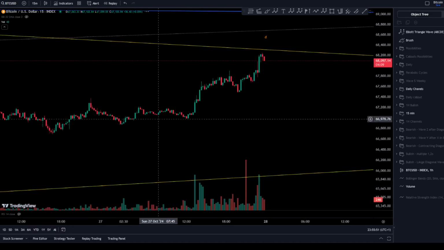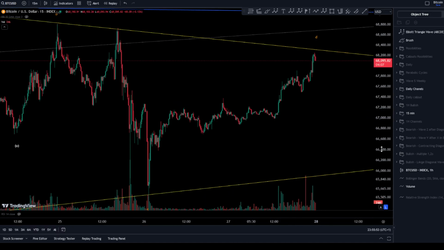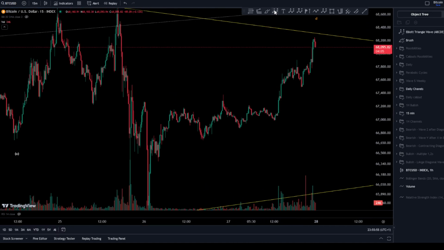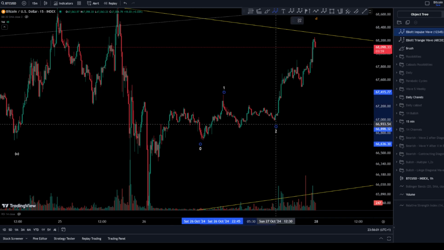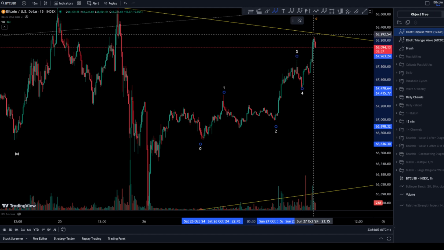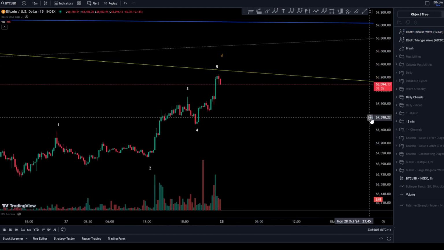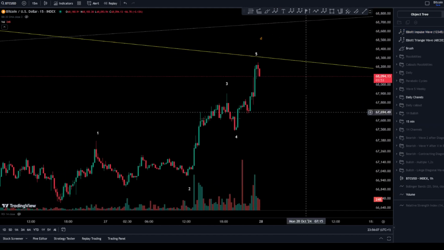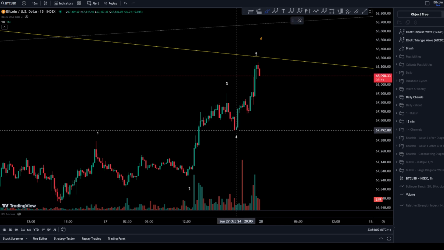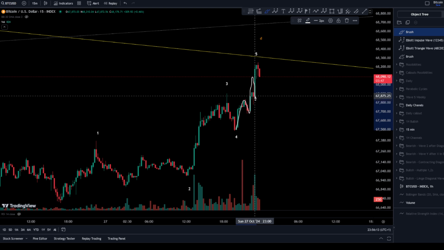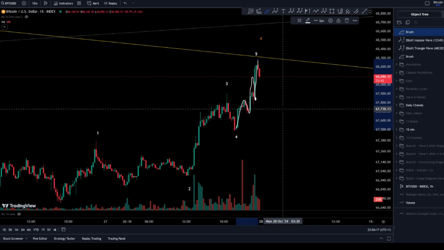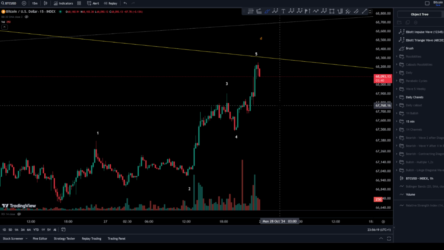If you look a little bit closer inside the 15-minute chart, you can see inside this 1, 2, where we are looking for an impulse as 1, 2, 3, 4, and a 5. Your wave 5 has also finished kind of in a diagonal shape. So you have 1, 2, 3, a very sharp wick downside again, and then one more move towards the upside to finish as this diagonal.